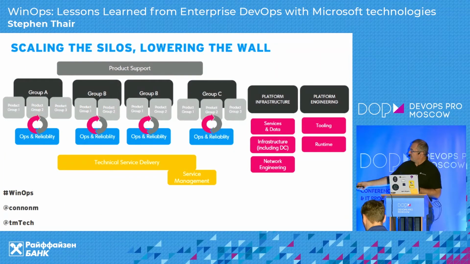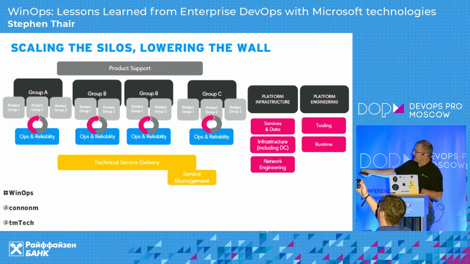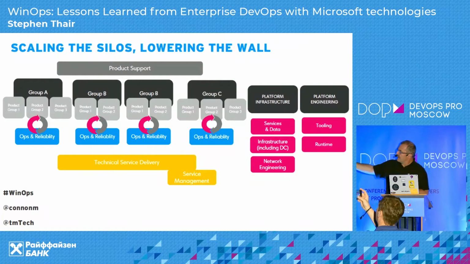They had a platform infrastructure team that was helping them build all the infrastructure, including the data center and their cloud migration. They had a platform engineering team, which was all around their monitoring, their CI/CD, continuous delivery tooling, and the actual application runtimes. And then within their organization design, they had groups.